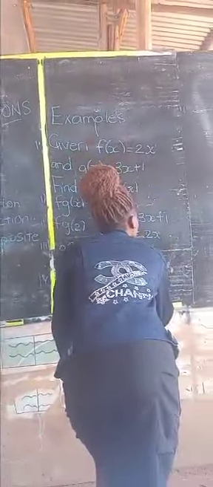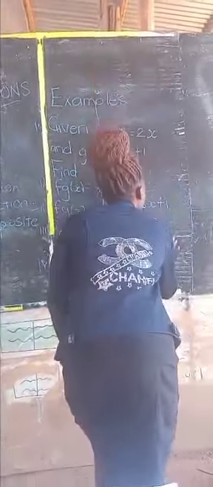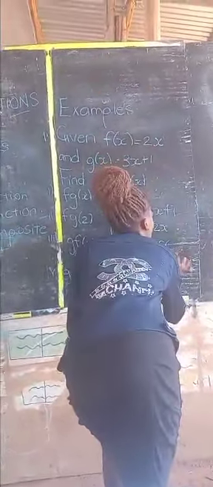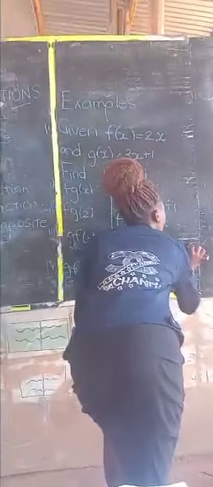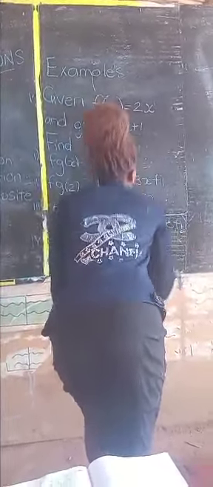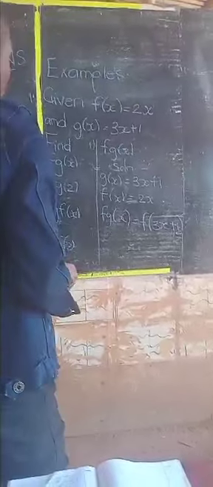So they have told us to find f(g(x)). Here you first put the outer function out, then you substitute in the inner function, which is 3x plus 1. So we are having f(3x plus 1), and our f(x) is 2x.